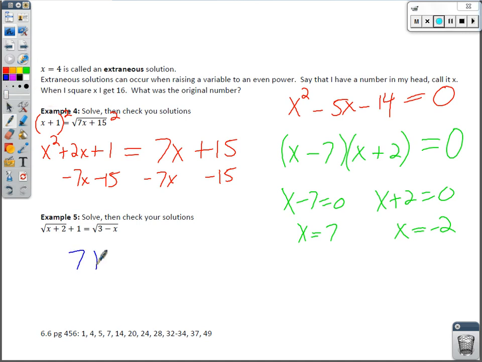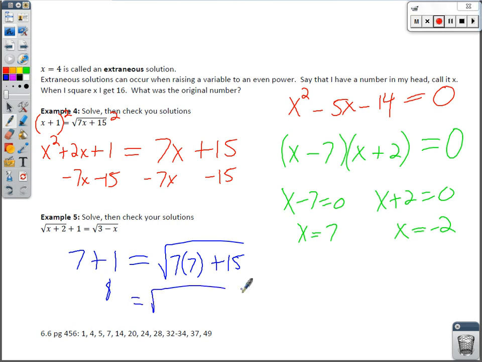So 7 plus 1, again, go back to the original equation. 7 plus 1 equals the square root of 7 times 7 plus 15. 7 plus 1 is 8. And then we have 7 times 7 is 49 plus 15. So 8 equals the square root of 64. Since that is the principal square root, that is true. 8 is the principal square root of 64. It is the positive version of the square root.